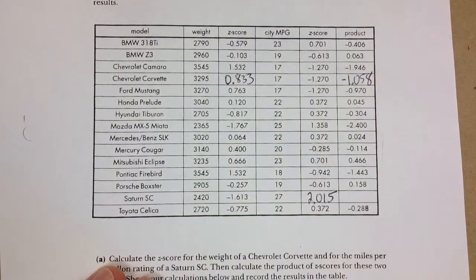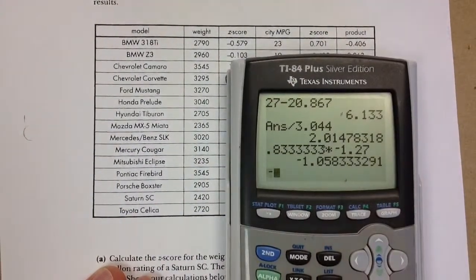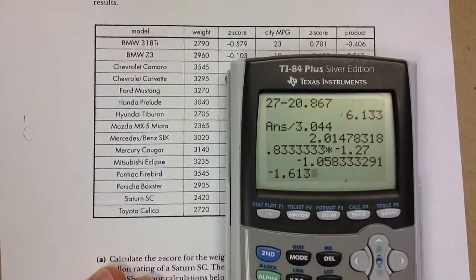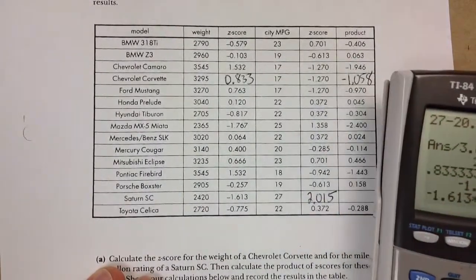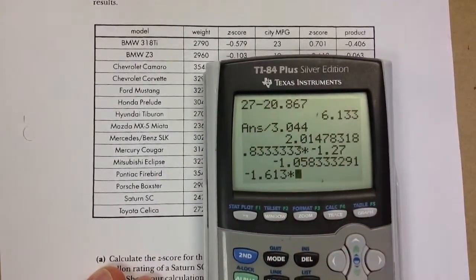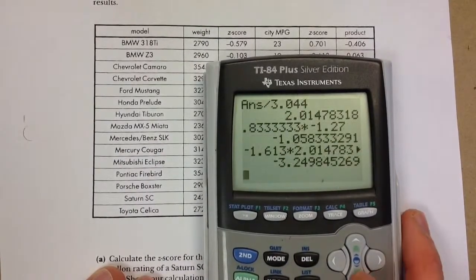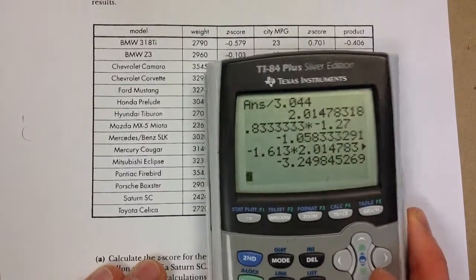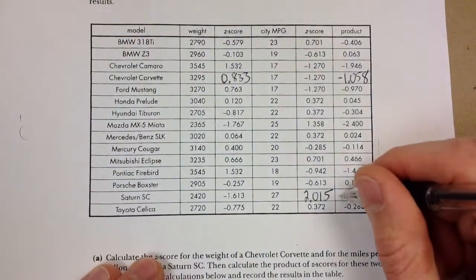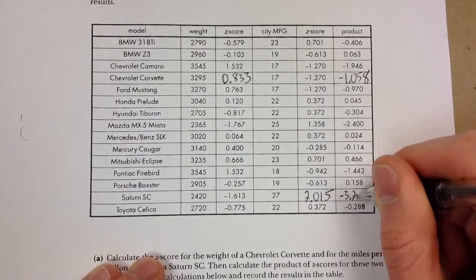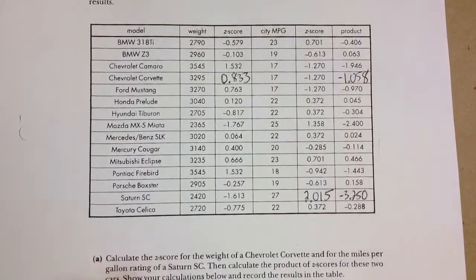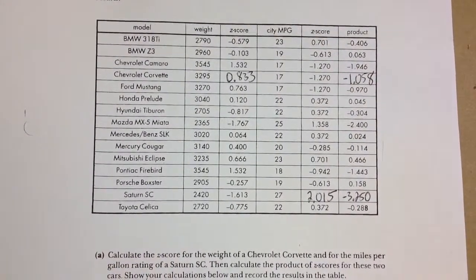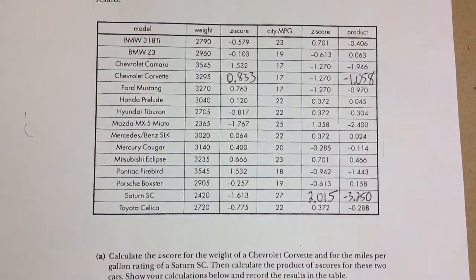And then for the Saturn, it will be negative 1.613 times 2.015. So negative 3.25 about. Okay? Any questions on part A? Finding z-scores or finding the z-score products?